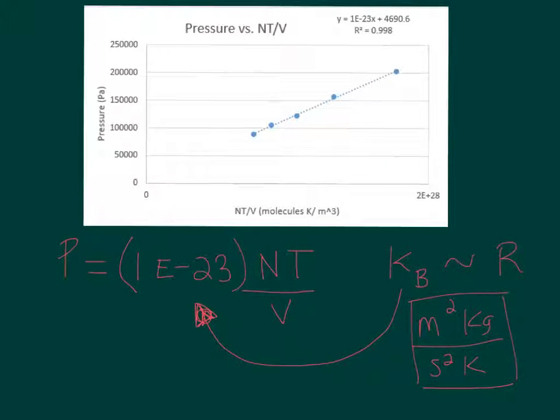Very last statement here will hopefully help you with some of these post-lab questions, and I'll just flip to a new slide. If I have the gas in state A and I want to move it to state B, think about what can be constant always.